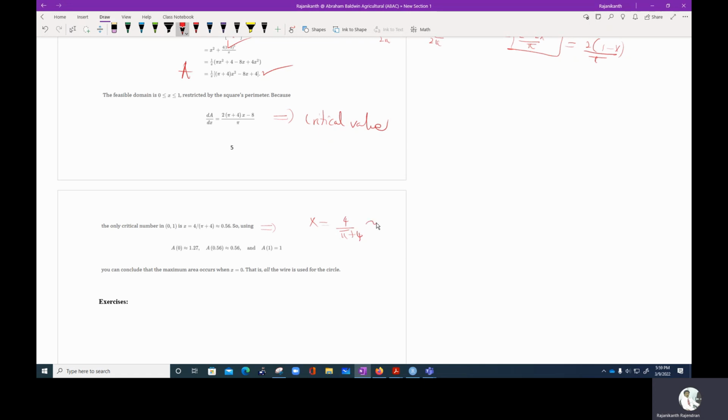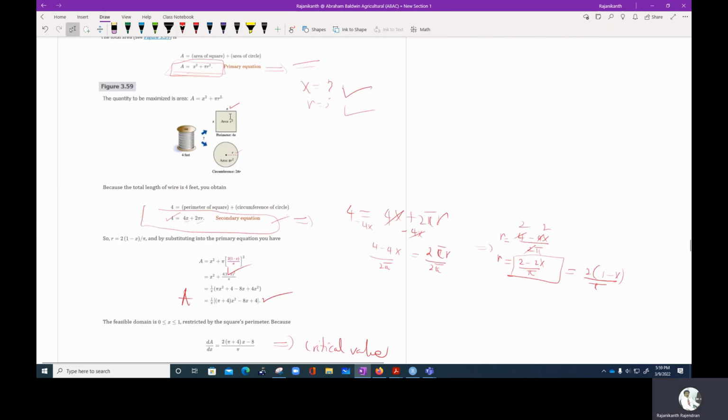So you could approximate this to 2 decimal places, that is 0.56. Now you could use either first derivative or second derivative.